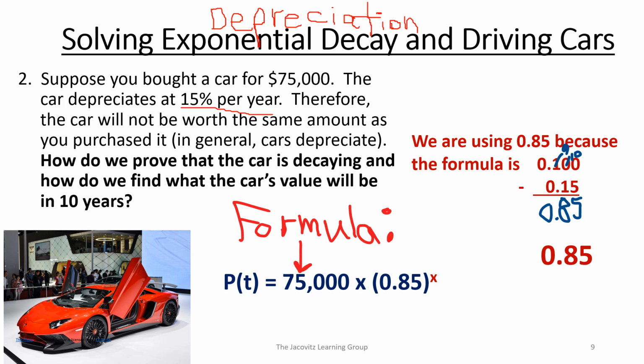So how do you prove that the car is decaying, and how do you find what the car's value will be in 10 years? So you have to get a formula, which we already had. Now at the front I had it as C of R, I believe, but here we're just changing it.